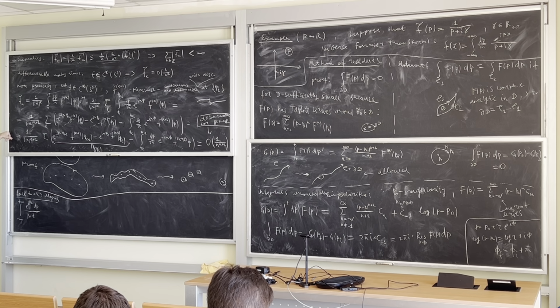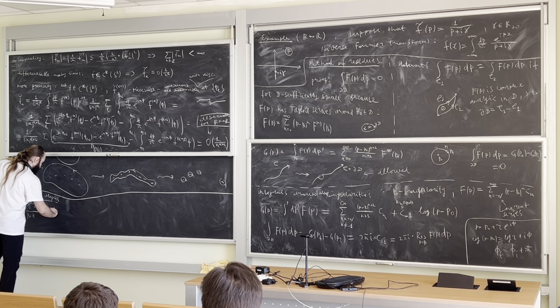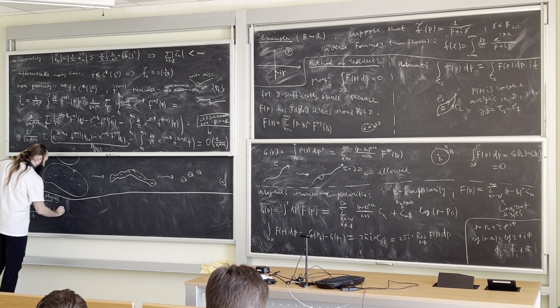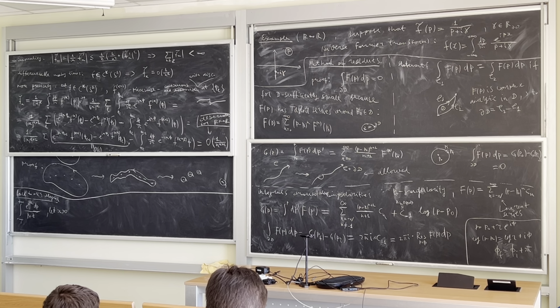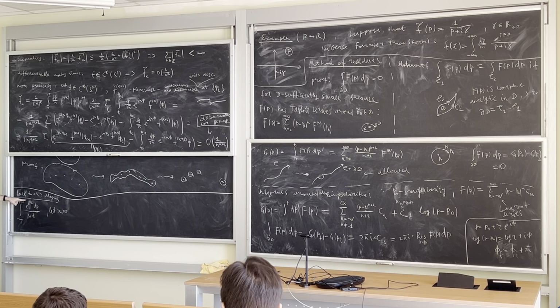Let us say that x is positive. Let x be greater than 0. In this case, the function in the numerator decays when the imaginary part of p is large.